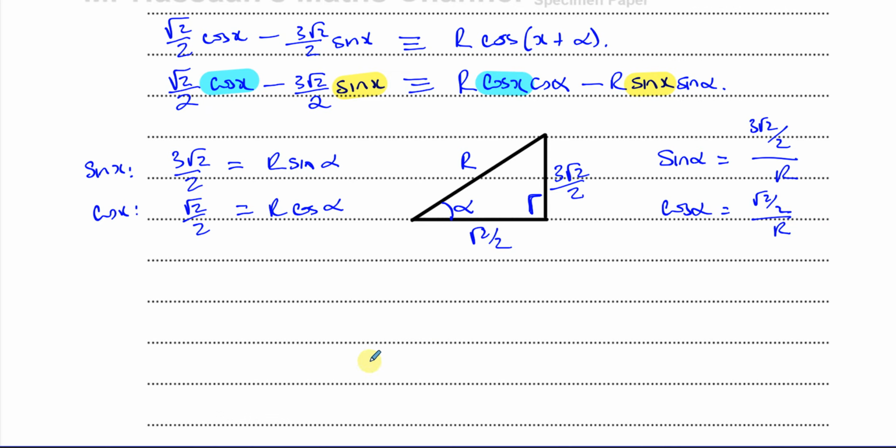Now we can find the value of r by Pythagoras. We can say r is equal to the square root of, and we have to square these and add them together. So you have 3 root 2 over 2 squared plus root 2 over 2 squared.